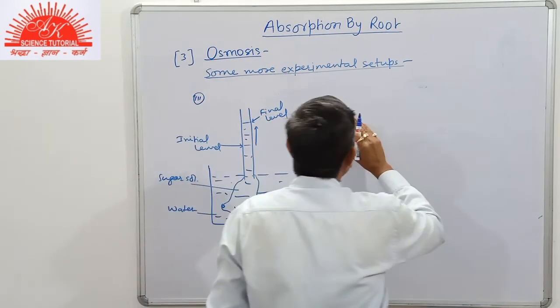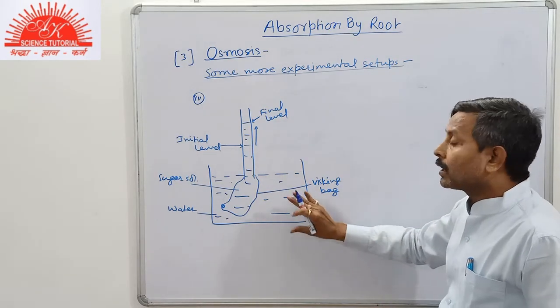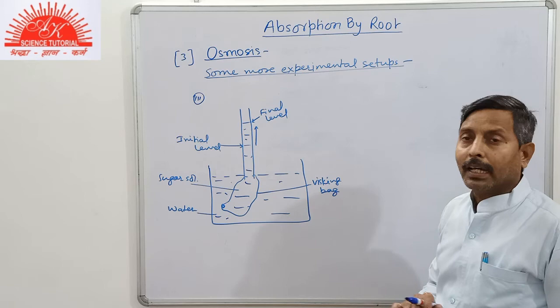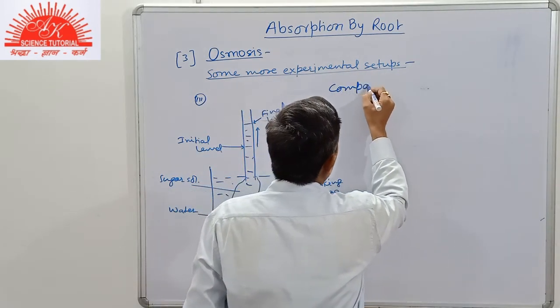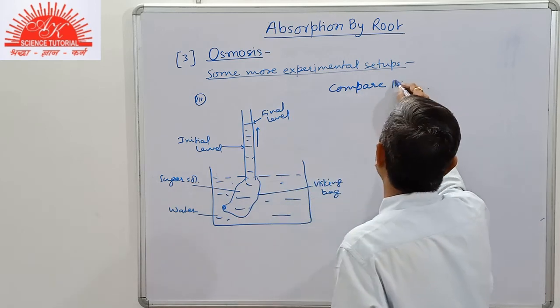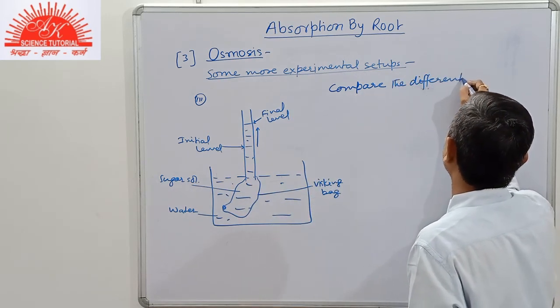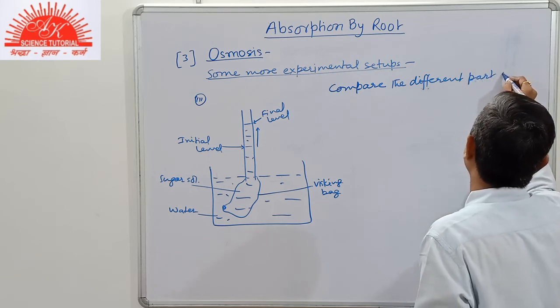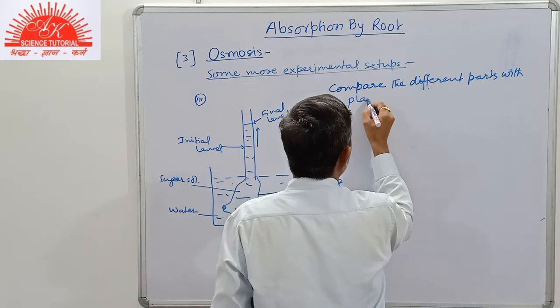Now this is again demonstrating the process of osmosis. Now student, in the board examination, some question was asked on the basis of this, that is, compare the different parts with the plant.